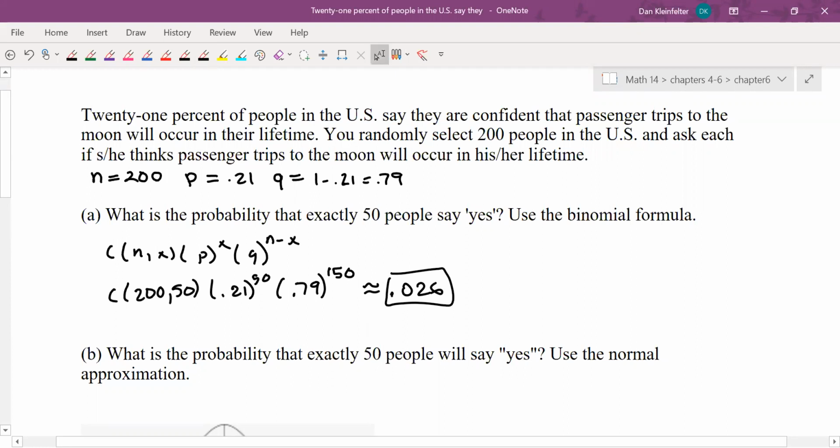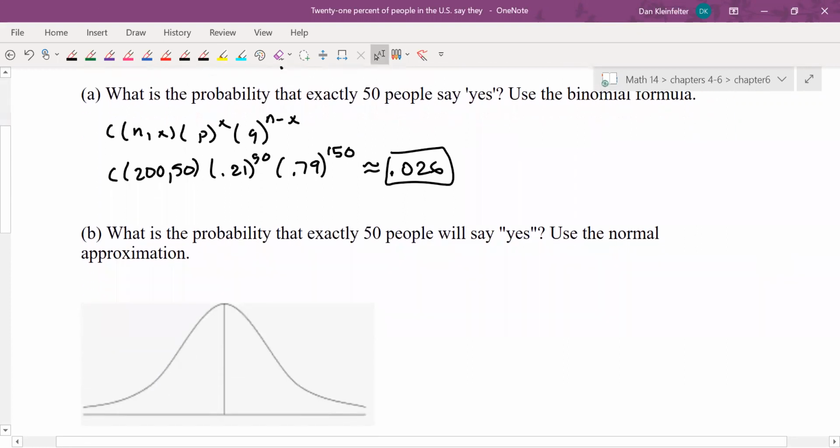All right, so now we want to know the probability that exactly 50 people will say yes, and this time we're going to use the normal approximation to the binomial distribution. Before we do that, we should make sure that we're actually permitted to do that.